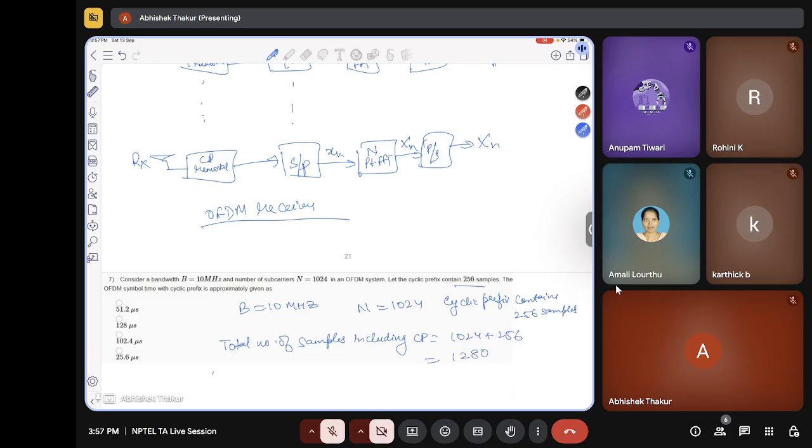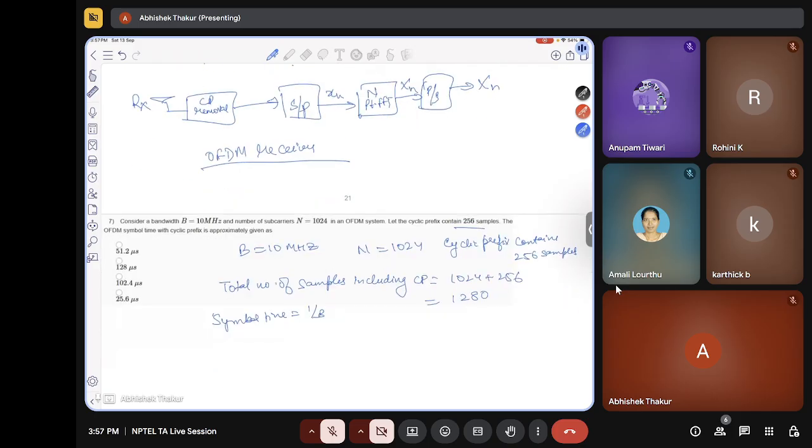So now the symbol time is equal to 1 by B, and the OFDM symbol time with cyclic prefix is given as total number of samples divided by bandwidth B. So total number of samples is 1280 divided by B, which is 10 into 10 to the power of 6.